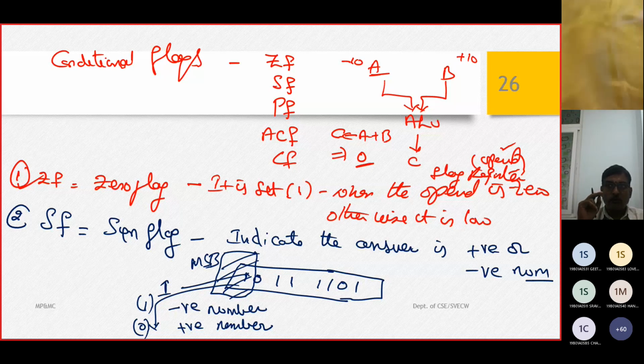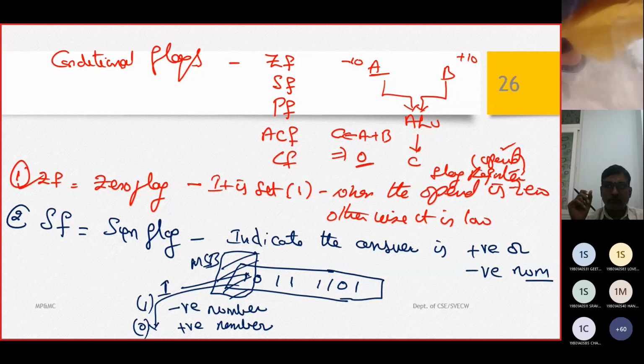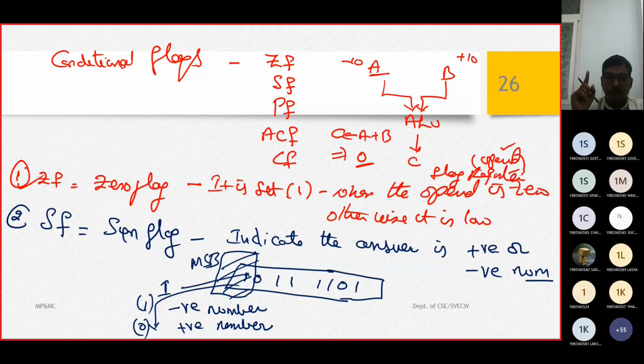So up to now, we discussed 2 elements. The very first element, we call the zero flag. The zero flag tells us that the answer is everything 0; in such a case, the zero flag is set to 1.